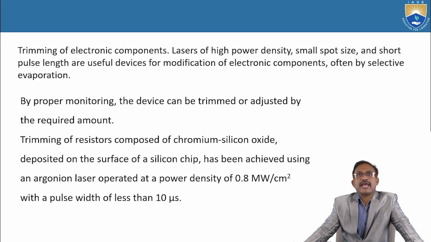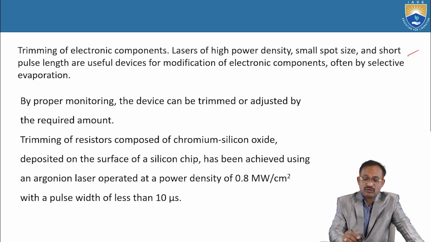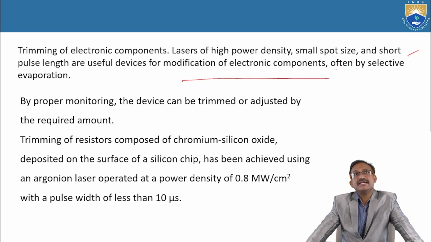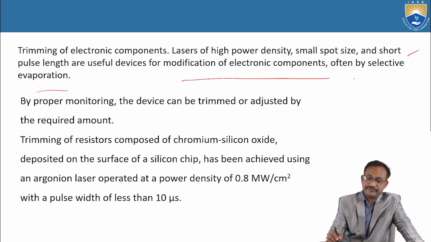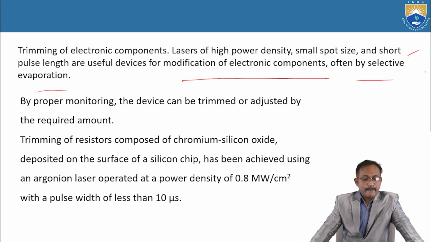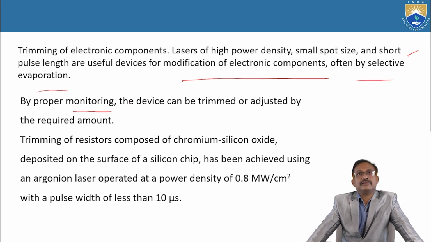Trimming of electronic components. Lasers of high power density, small spot size, and short pulse length are useful devices for modification of electronic components, often by selective evaporation. By proper monitoring, the device can be trimmed or adjusted by the required amount.